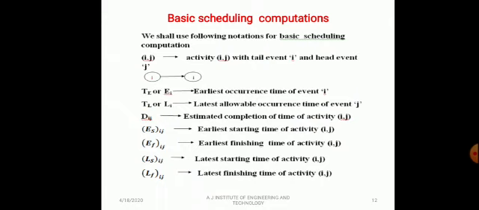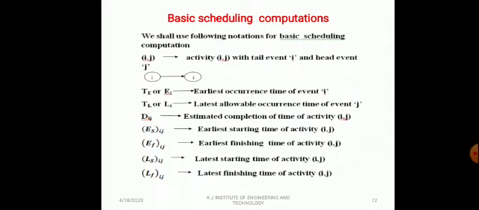TL: latest allowable occurrence time for event J, or LJ. DIJ: estimated completion time of activity IJ.